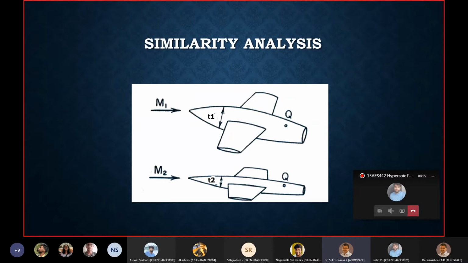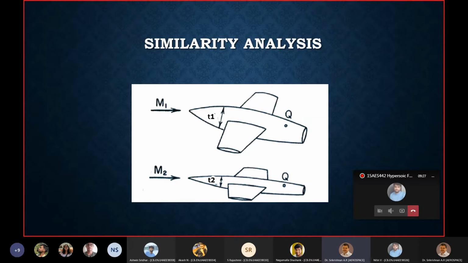I repeat, it tries to strike an equivalence between two cases which are similar in certain aspects, but have certain dissimilarities. So by a proper restatement or reformulation of the governing equations, we try to strike an equivalence between non-dimensional parameters between two bodies which are similar in geometric shape, etc.